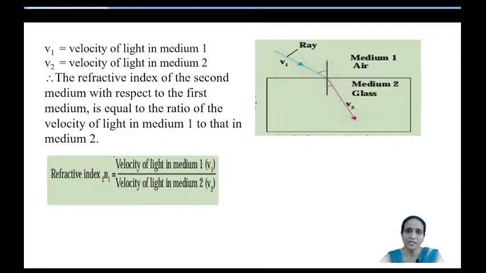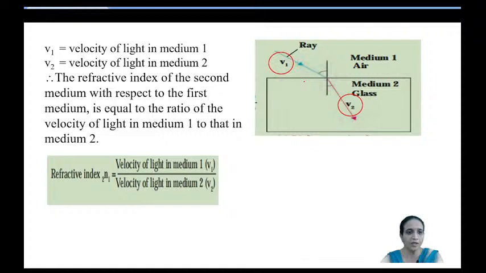Now over here you will see, this is the glass slab. V1 is the velocity of light in medium 1. V2 is the velocity of light in medium 2. Therefore, the refractive index of the second medium with respect to the first medium is equal to the ratio of velocity of light in medium 1 to that in medium 2.